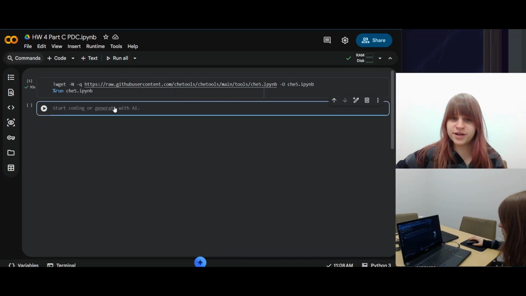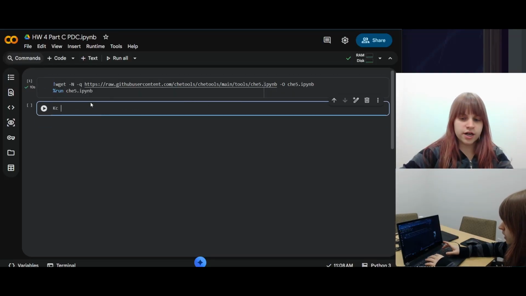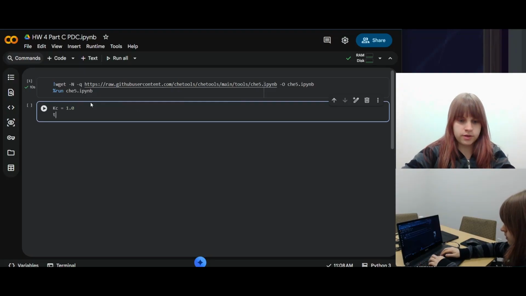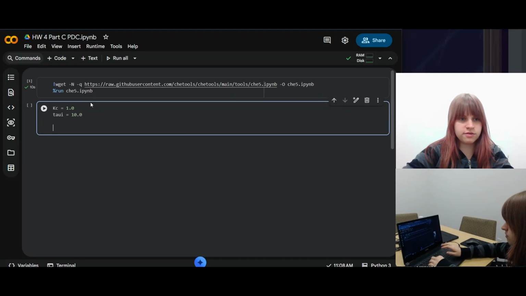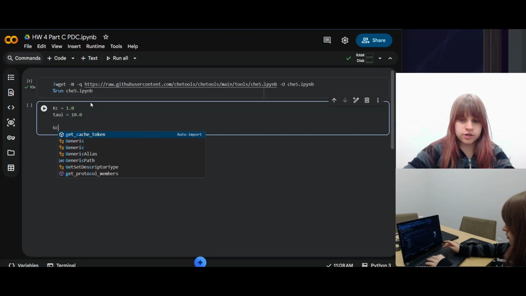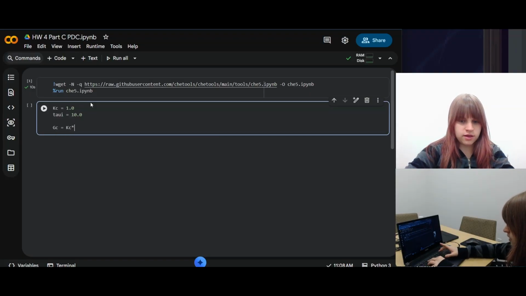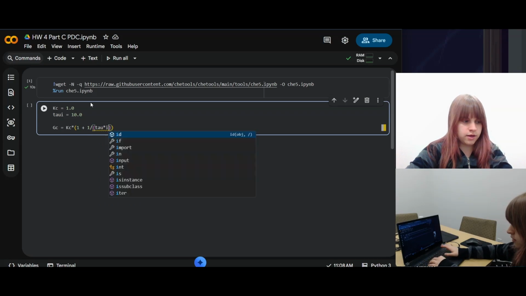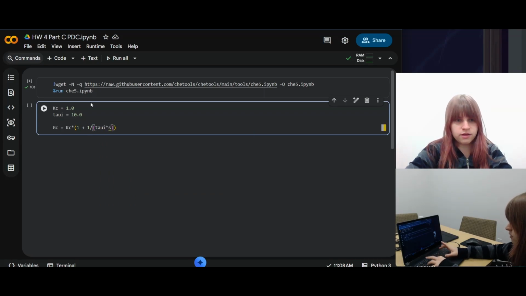As always, I have my import up here. We said our KC was 1 and our tau is 10. And this tau is the reset time that I just talked about. Our GC is equal to KC times 1 plus 1 divided by tau I times s.